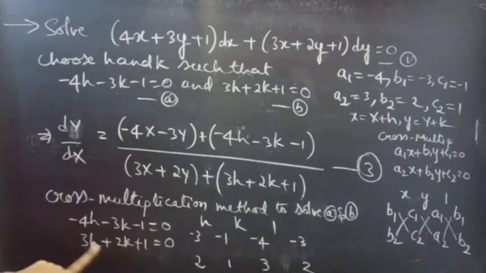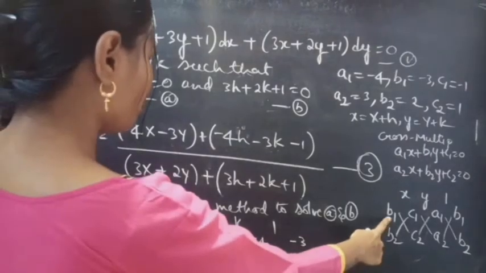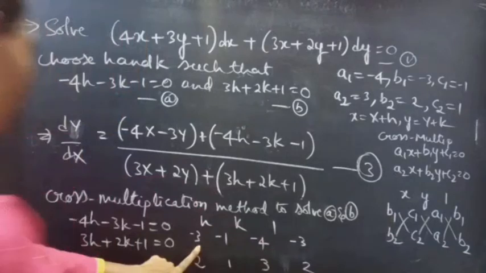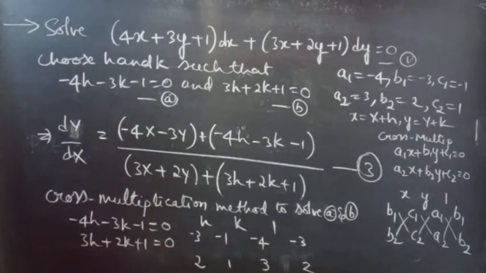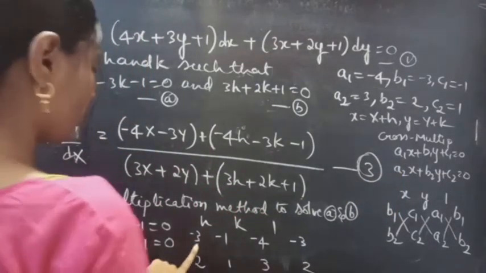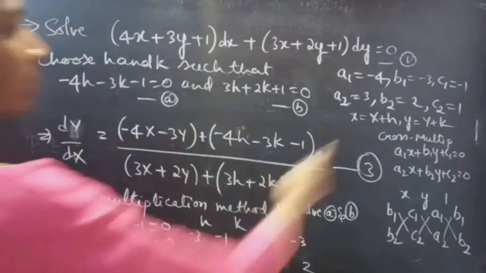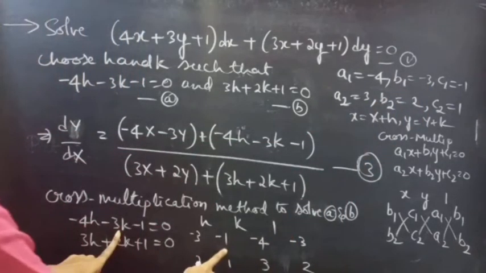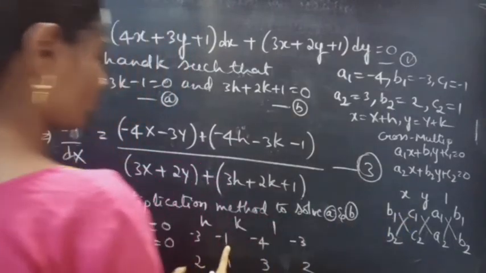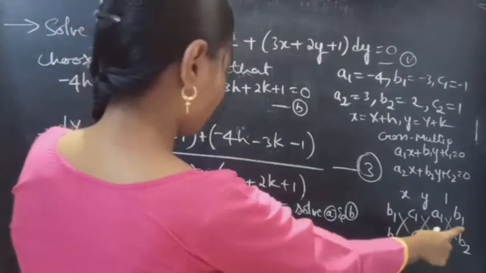See, we have b1. Just compare these two. Here we have b1, minus 3 is your b1 and this is your c1, a1, b1.